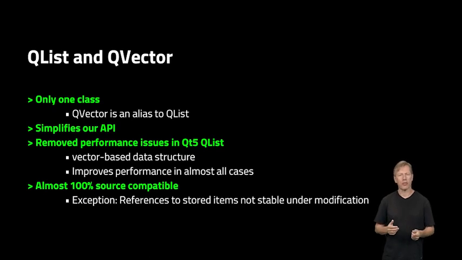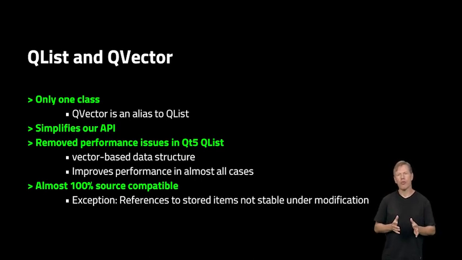QList having a bit of, let's say, interesting data structure in that it changed depending on what you put into it. In Qt6, we've gone back and we said, let's simplify this. We have only one class and make QList the default name for it, and QVector is now an alias to QList. This actually simplifies our API and simplifies also how you can use those classes.